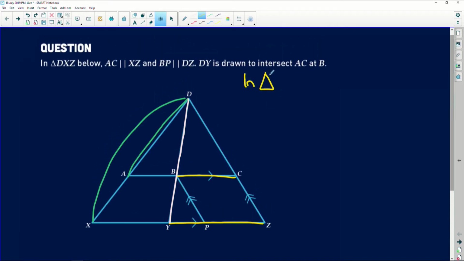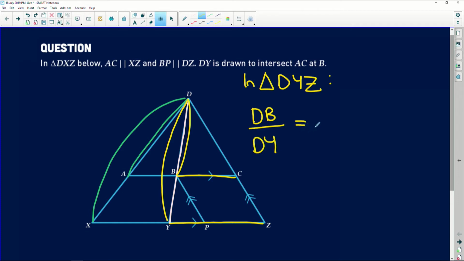In triangle, I'm going to work with the right-hand side first. So in triangle DYZ, we can say that DB over DY, short side over long side, is equal to, if we're working in this little triangle, obviously we've got DB and BC, all over, if we work in the big triangle, that whole side and this whole side, YZ.